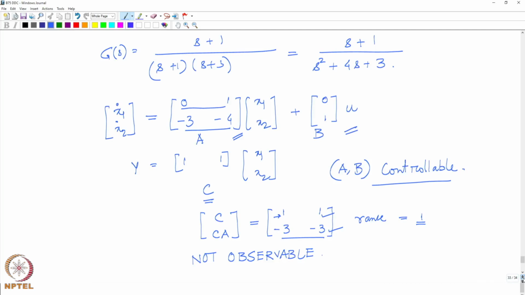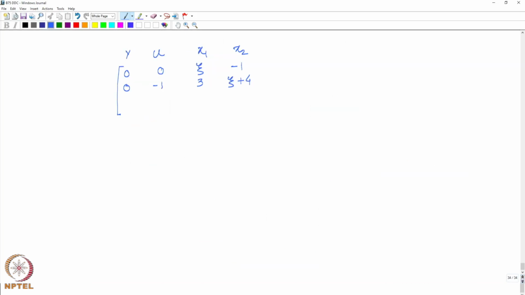So, x2 dot plus 3x1 plus 4x2 is equal to u. So, this is the equation. Now, finally, we have y is equal to the sum of x1 and x2. So, this is my equation: [y, u, x1, x2] times the matrix is equal to 0. So, this is a kernel representation for the full behavior.